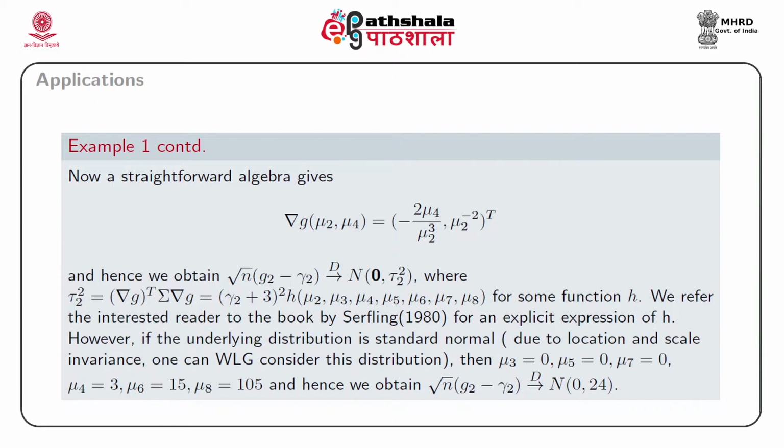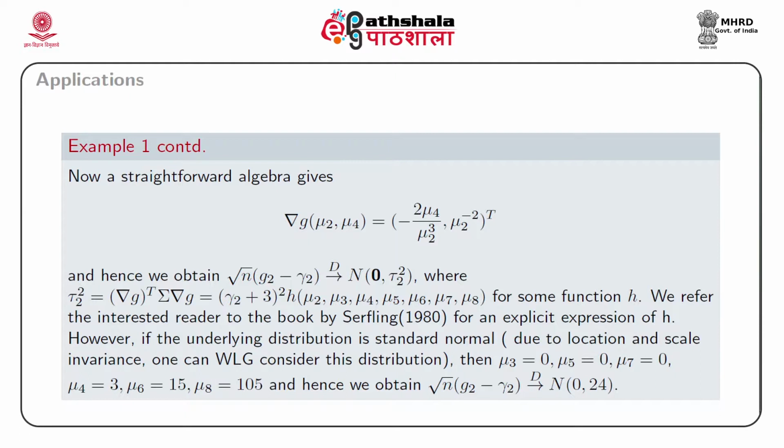Now if the underlying distribution is standard normal, we can take this distribution as standard normal because our kurtosis coefficient is independent of location and scale. So we can use some distribution which is independent of location and scale, and as a consequence we consider standard normal distribution.